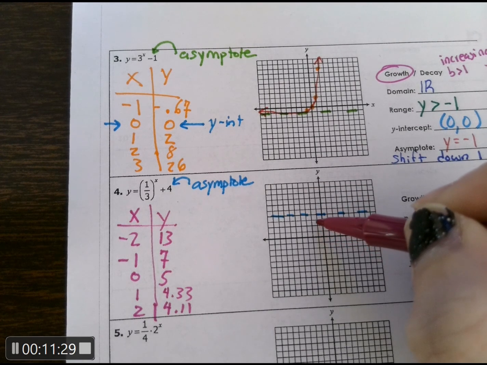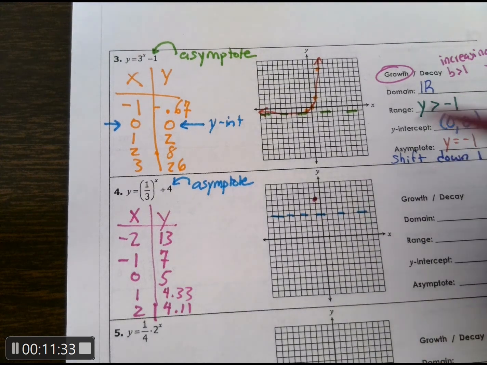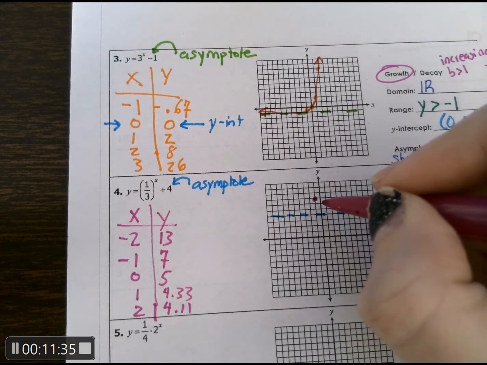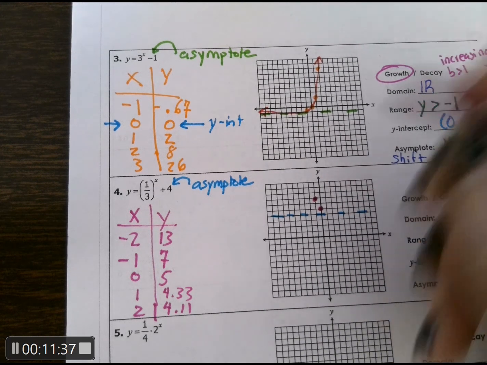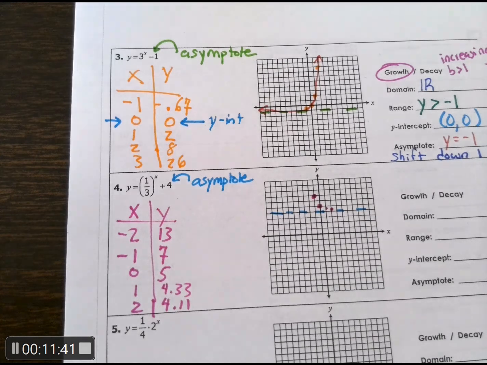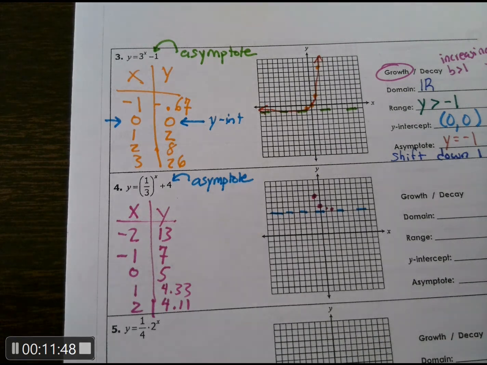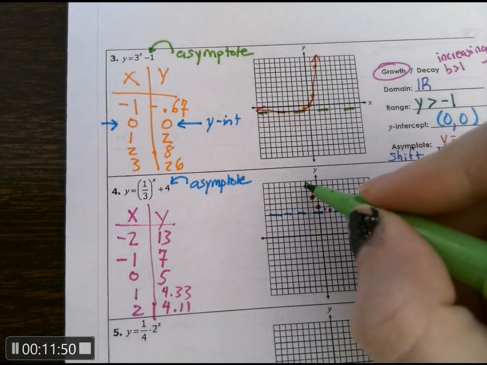So 1, 2, 3, 4, 5, 6, 7. And then 0, 5, which is right here. And then our other 2 points get really, really close to our line, but never actually touch it. And then we can graph it, connect our dots.